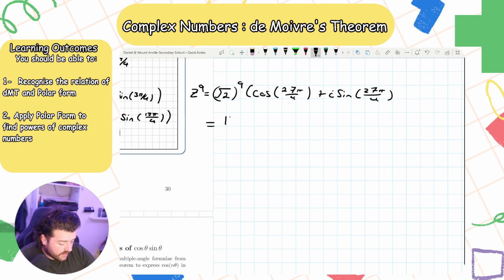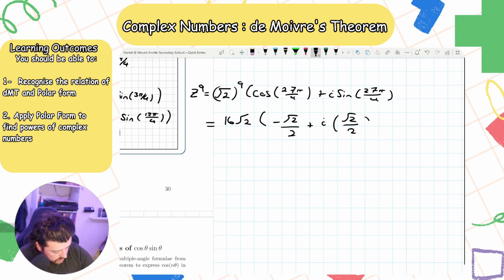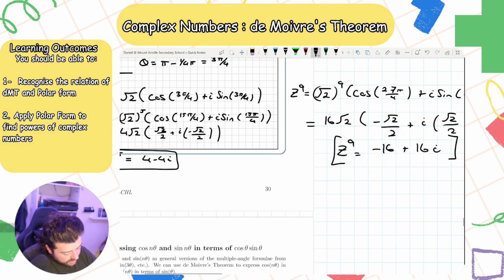This will simplify down to 16 root 2 times minus root 2 over 2 plus i times root 2 over 2, which is equal to z to the power 9 is equal to minus 16 plus 16i when you multiply it in. So I have z to the 9, z to the 5.